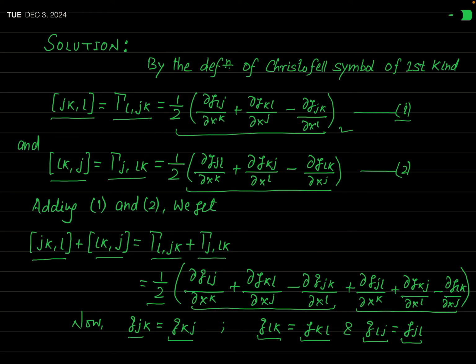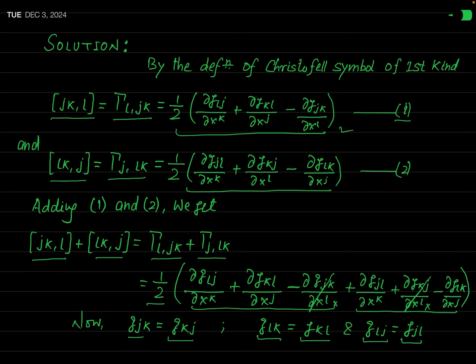So now let us see this, minus del g_JK by del x^L. And here see this term, I am marking it by this cross sign. Since g_JK is equal to g_KJ, both of these terms are the same but the sign is opposite. So this will cancel with this term.